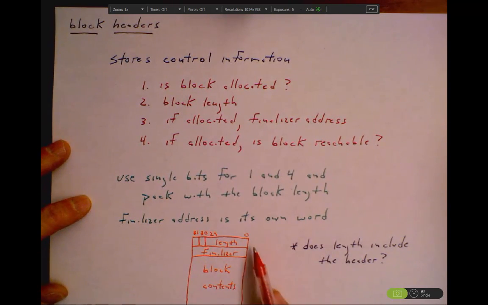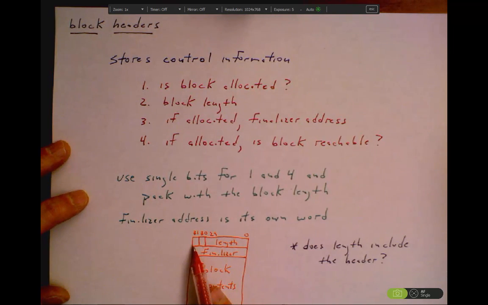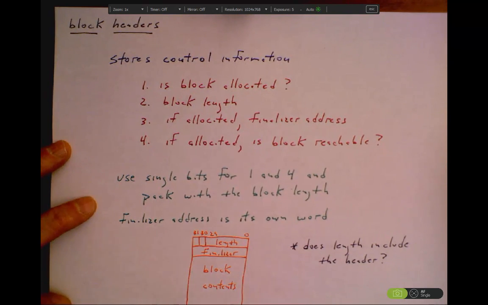The block will be preceded by 2 words. I'm assuming here these are 32-bit words, and the length will be in the bottom 30 bits of that 32-bit word, and then I'd have my mark bit and my is-allocated Boolean flag in the top 2 bits, and the finalizer address would be in that second word. And then following that is the block contents.